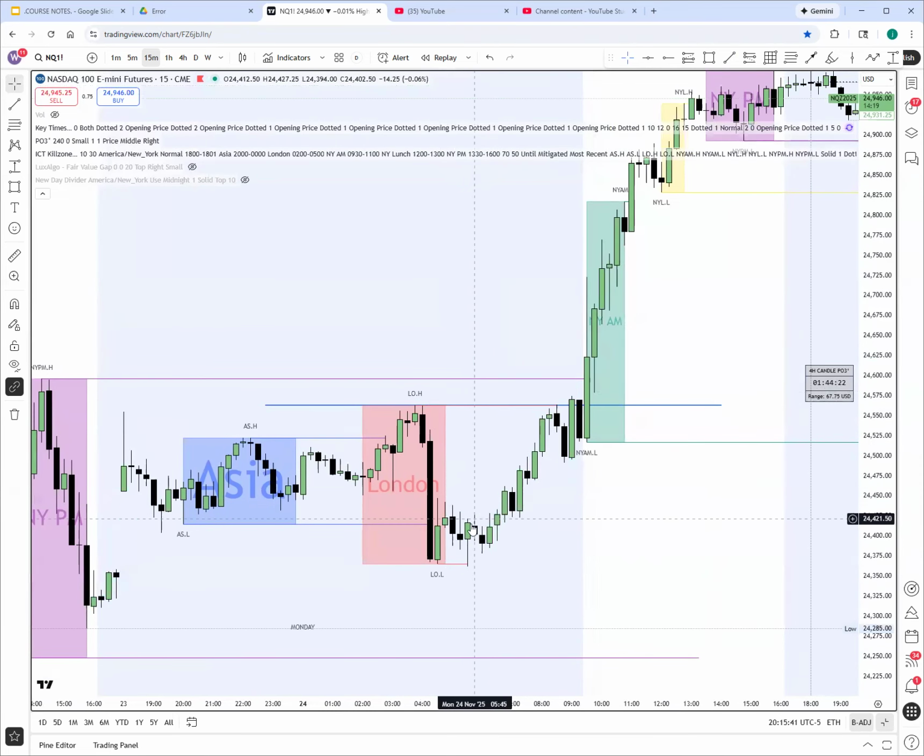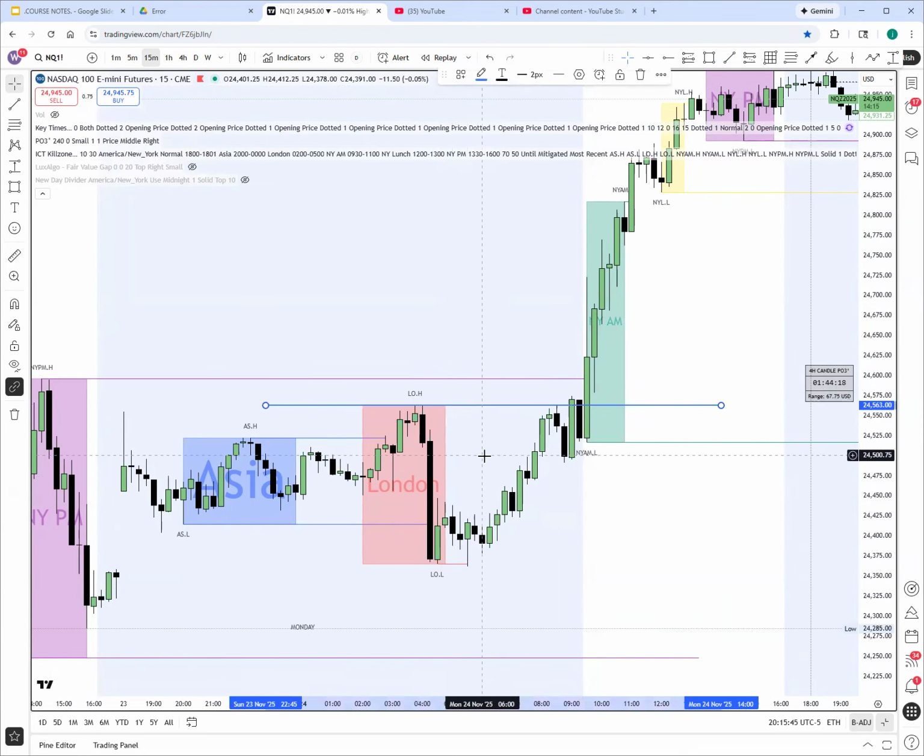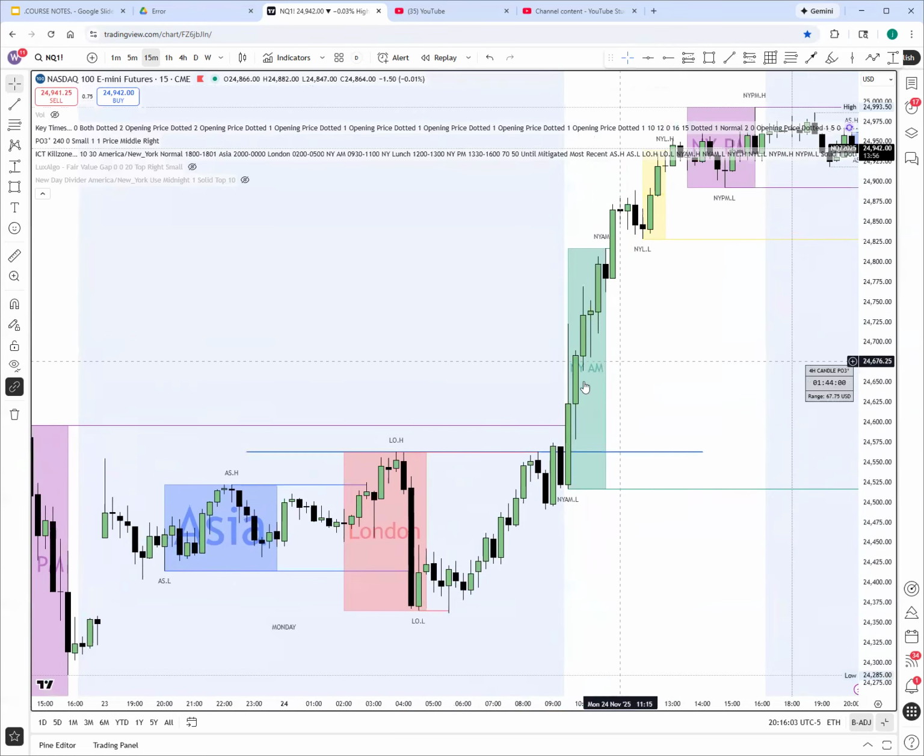What we end up seeing is when market opens, we go above this London high and we displace above it. Like we don't come here and just sweep it and then play around and turn around. We displace above. We get strong, bullish candles above this.